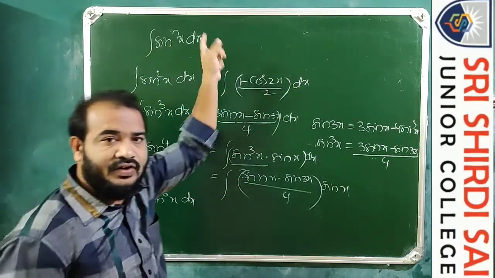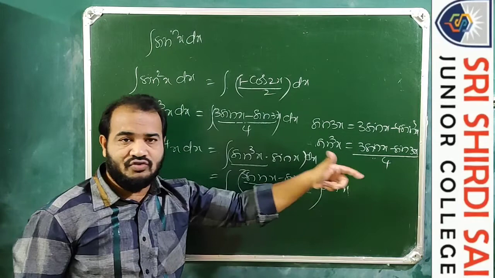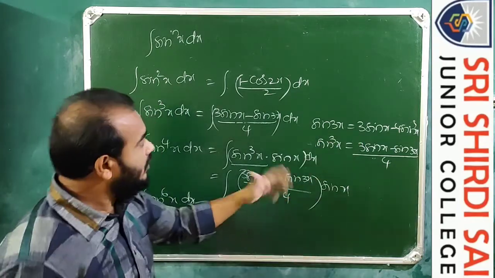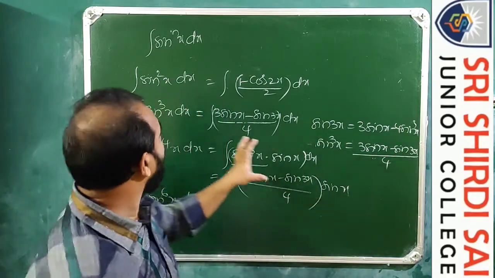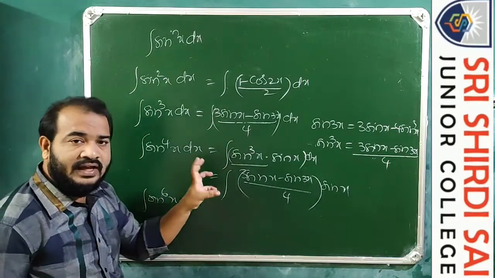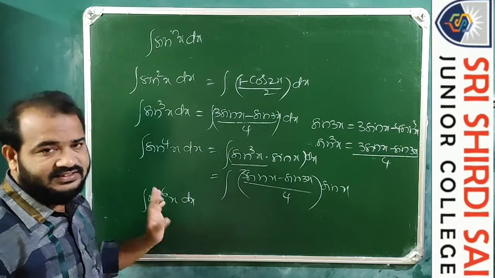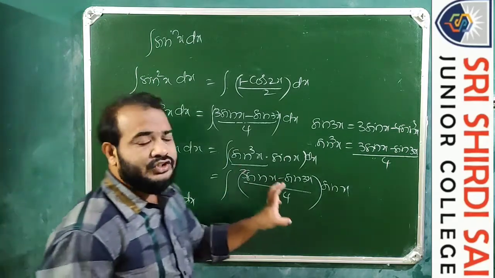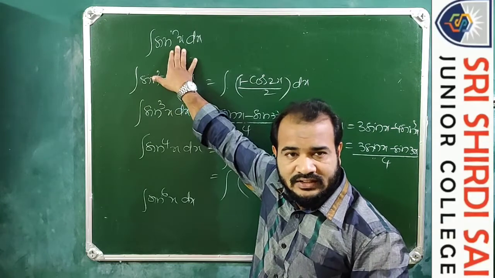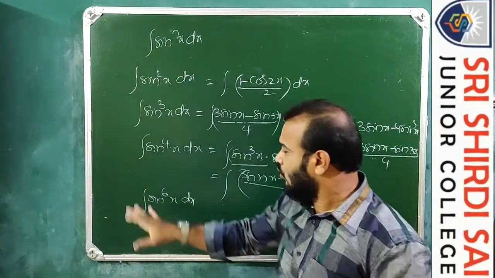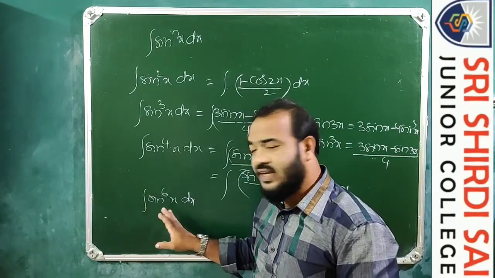Because power n is reduced to n minus 1, which is further connected to I_(n-2), etc. Whatever formula we ultimately get is used to evaluate integrals whose power is 6, 8, 10, etc., whatever the power is, easily.